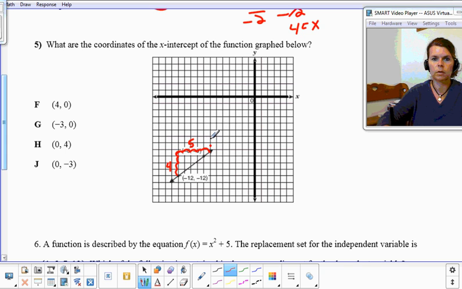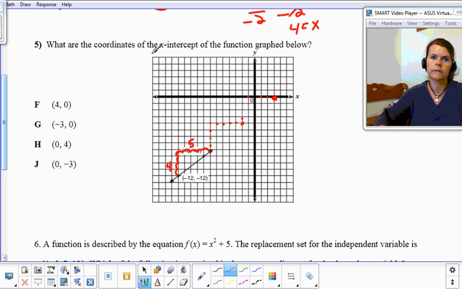So 1, 2, 3, 4. 1, 2, 3, 4, 5. Do it again. 1, 2, 3, 4. 1, 2, 3, 4, 5. There's your x-intercept at 3, 0. Okay, now that's not one of our choices.